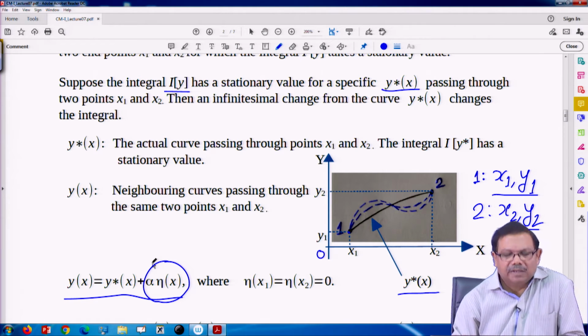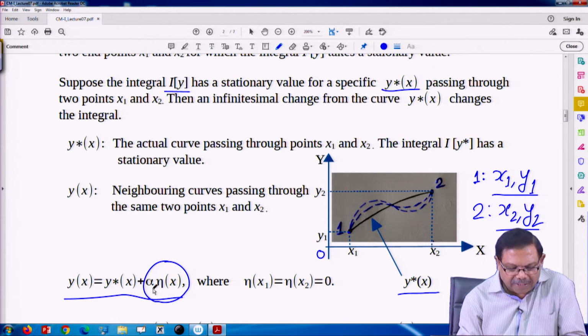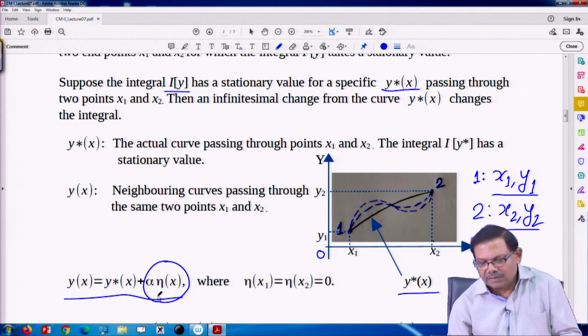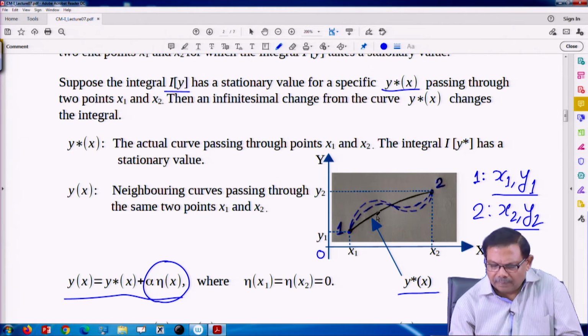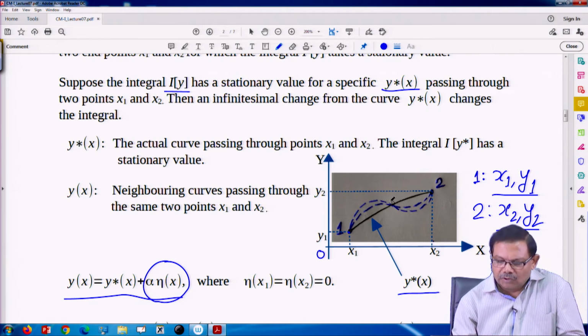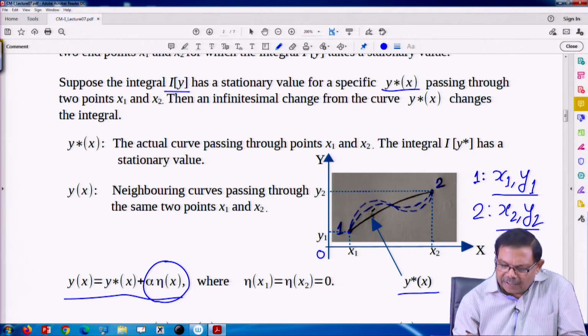I write this small amount as a parameter alpha times another arbitrary function, eta of x. So, what is eta of x? Eta of x is the additional part added to this y star of x. Suppose I want to add at some value of x.